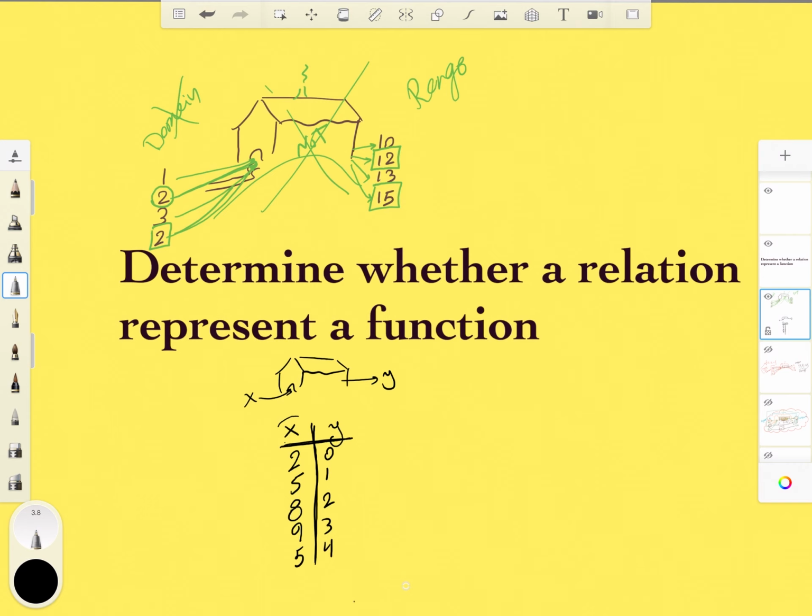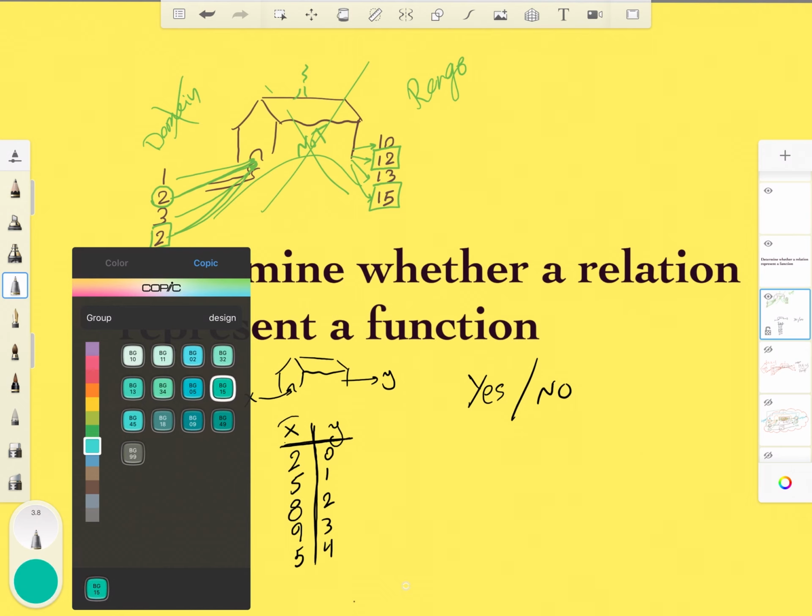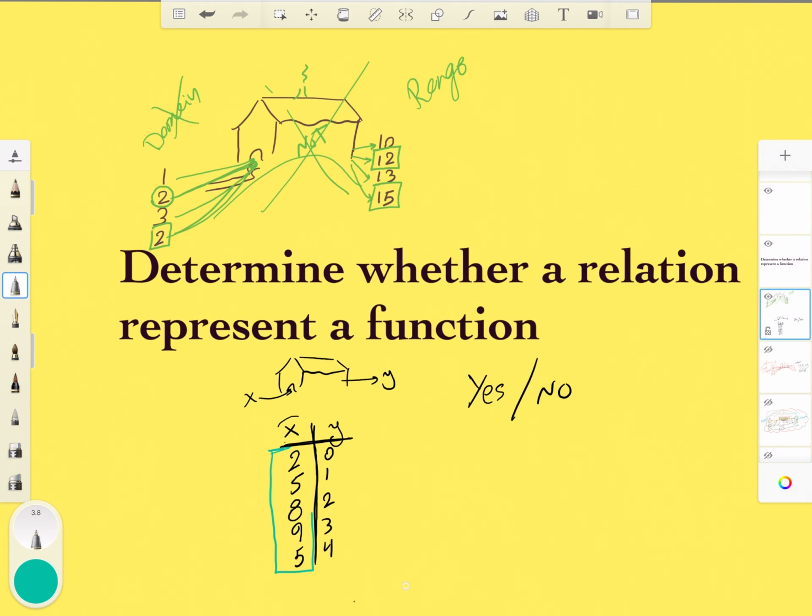So the question is, is this a function? Yes or no? In order to answer this, we only look at the domain. We only look at the inputs. 2 went inside of the factory, the output is 0. Good. 5 went inside, we got 1, another happy smile. 8 went inside, we got 2, nothing is wrong. 9 becomes 3, then 5 we got 4.